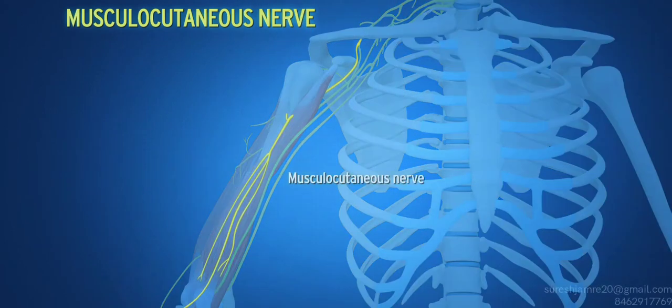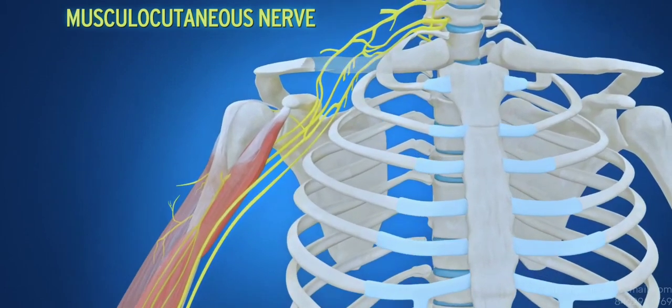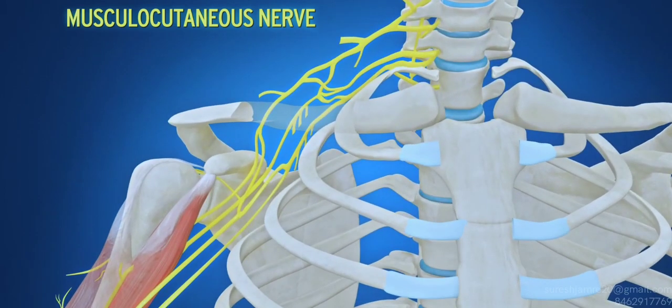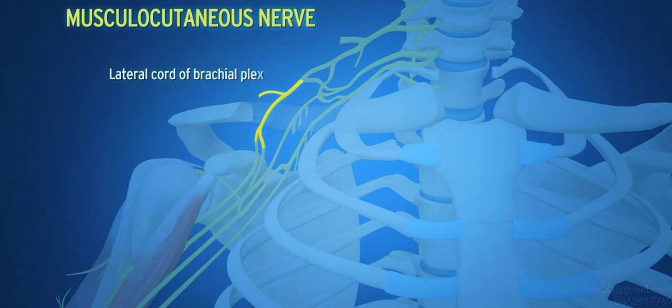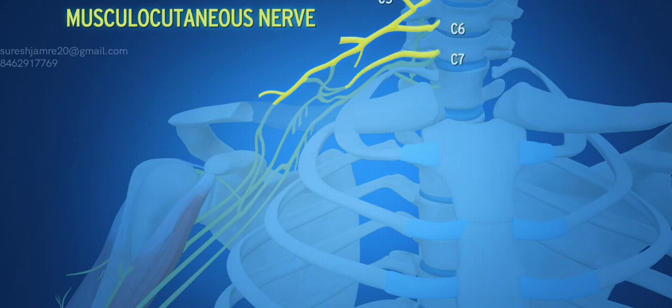Musculocutaneous nerve is a branch of the lateral cord of brachial plexus. It has a root value of C5, C6, C7.